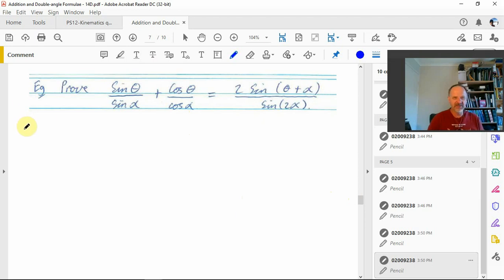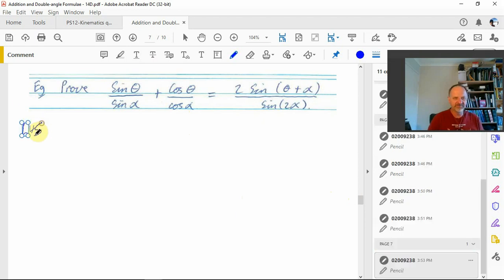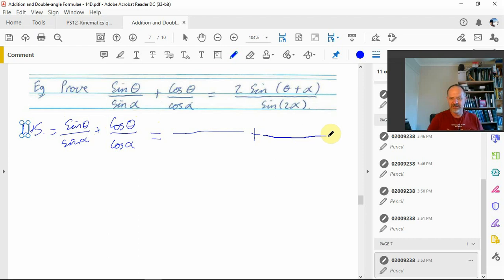So my left hand side is equal to sine theta on sine alpha plus cos theta on cos alpha. So I'm going to go for a common denominator, and the easiest way to get a common denominator is just multiply your denominators. So sine alpha cos alpha.